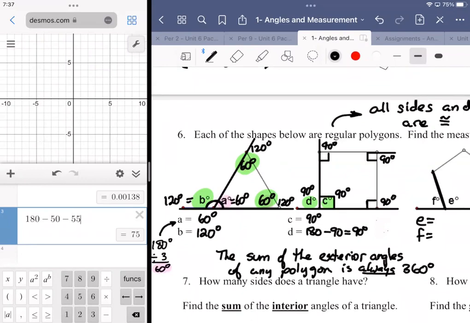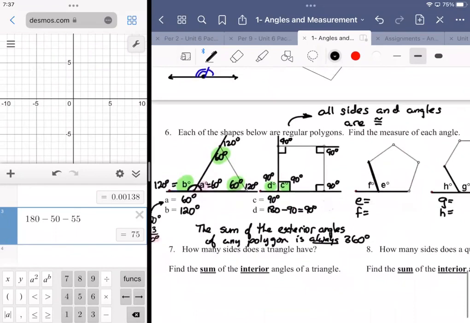So that's useful information because if I'm looking at a pentagon, I can draw exterior angles all across the board here. I don't actually have to draw them, but I'm just going to do it just to really drive the point home.